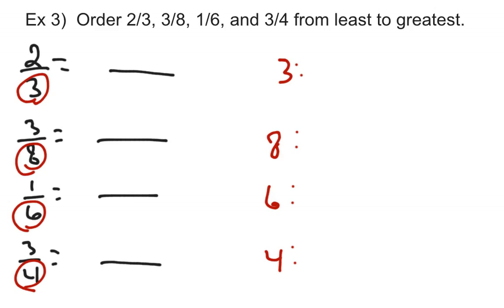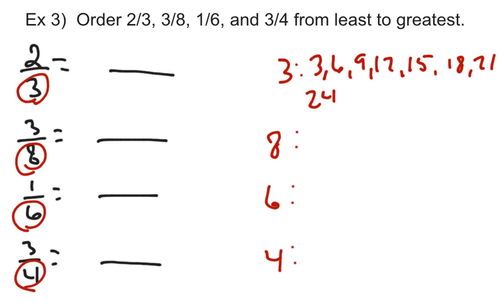You might be able to know this off the top of your head, and if you can, that's absolutely fine, but if you're having a hard time with it, then list them. So I can do 3, 6, 9, 12, 15, 18, 21, 24. I'm going to stop there because I have a hunch it's going to be 24.